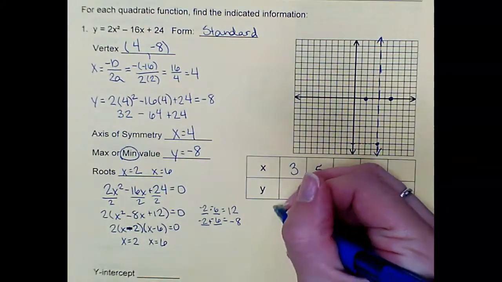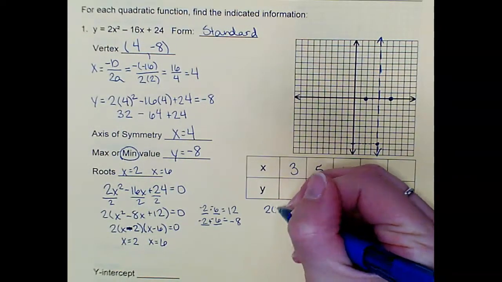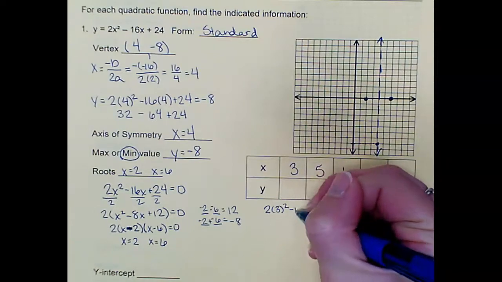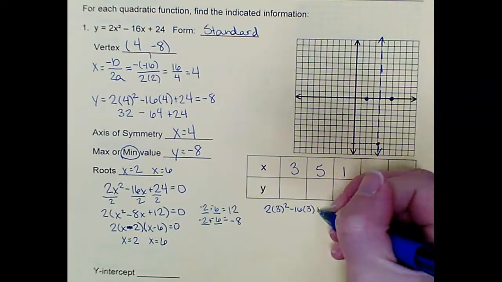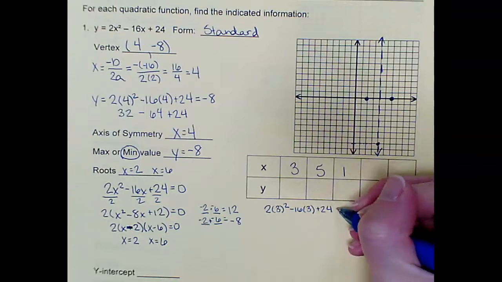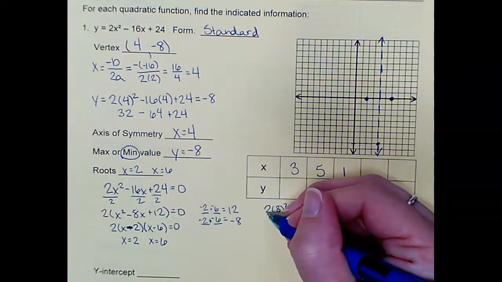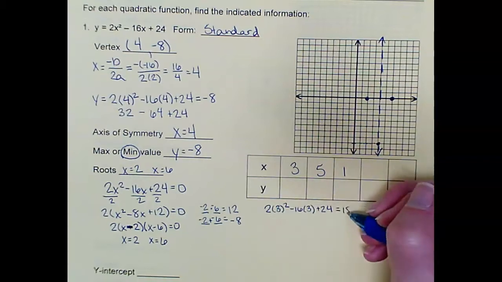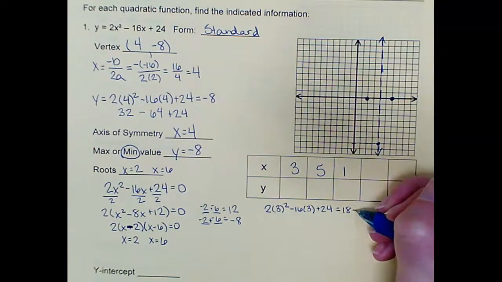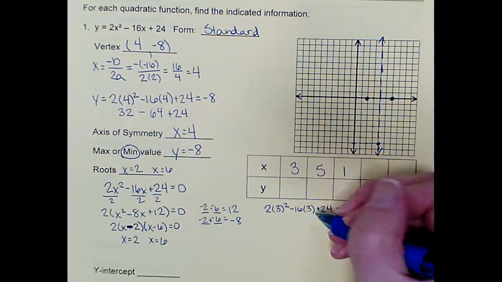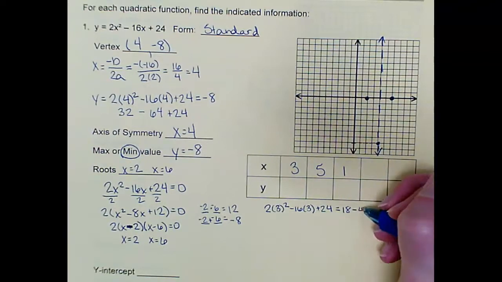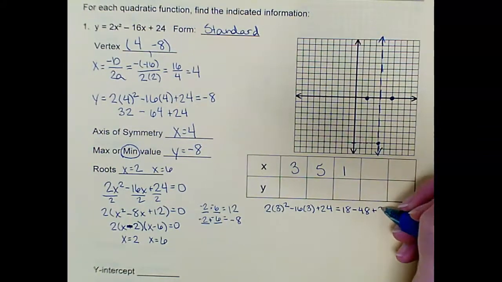So if I substitute 3, I have 2 times 3 squared minus 16 times 3 plus 24. 3 squared is 9. 2 times 9 is 18. Minus 16 times 3, that's 48, plus 24.